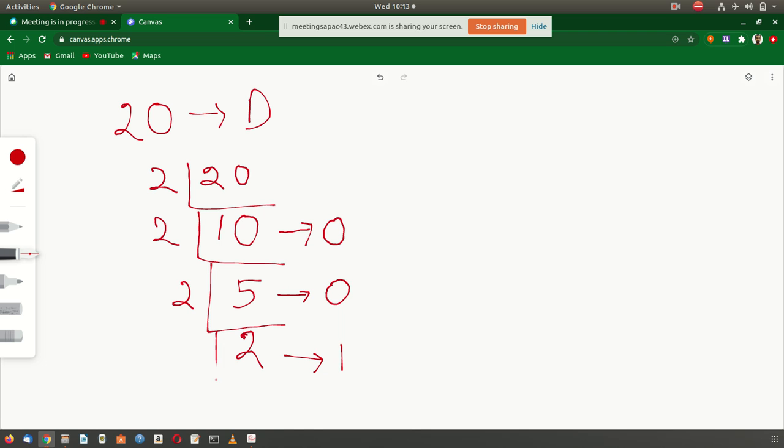This time again this number 2 will be divided by 2 again. So this time 2 into 1 is 2, and leftover is 0, so the remainder is 0.